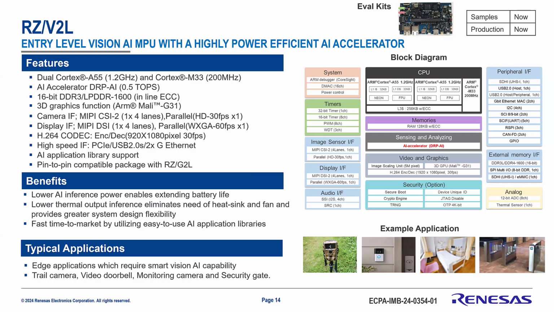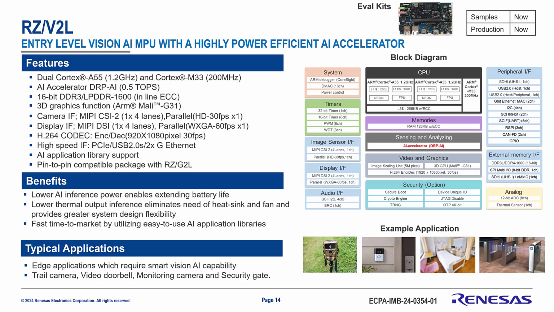We have a codec. And then a high-speed interface, we have PCI Express, which is different than the G2L, USB 2.0, and 2 GbE. And again, the last one on the features there, it's pin-to-pin compatible with RZ/G2L. So you could upgrade if there's a need for AI acceleration.